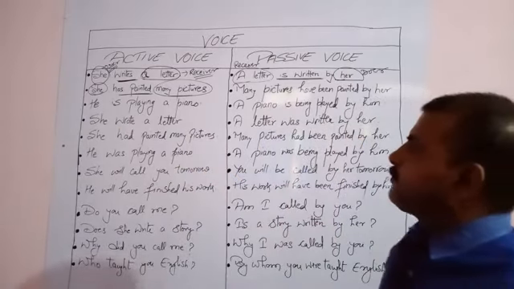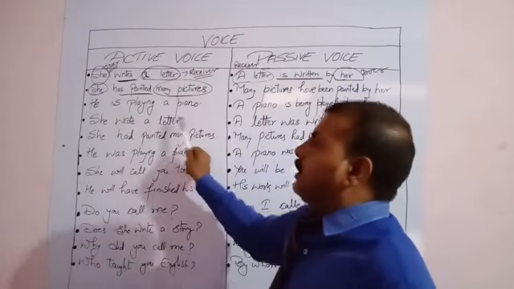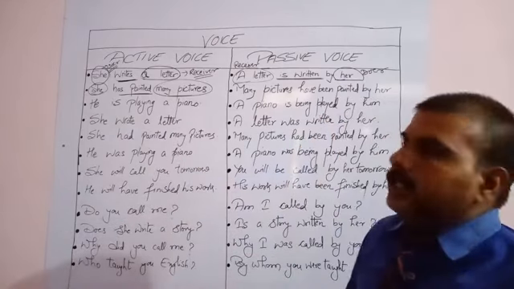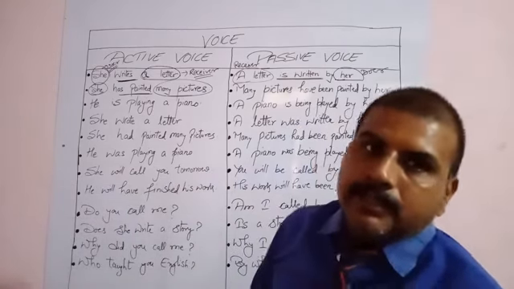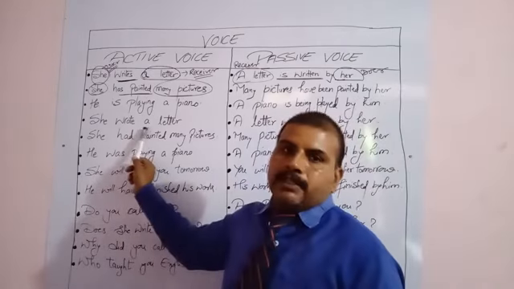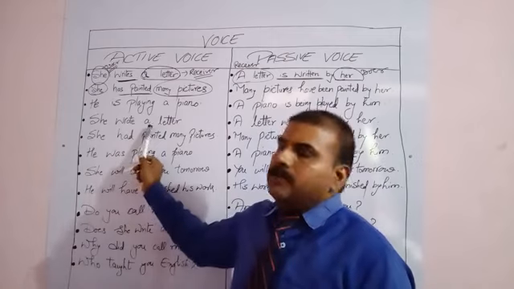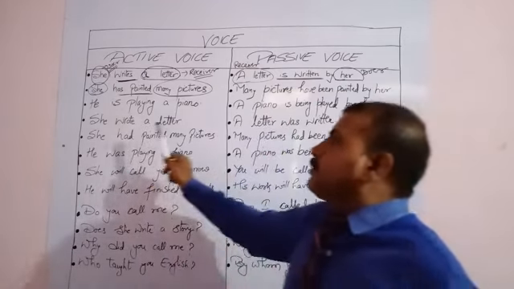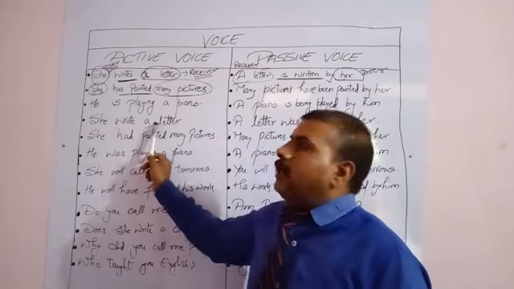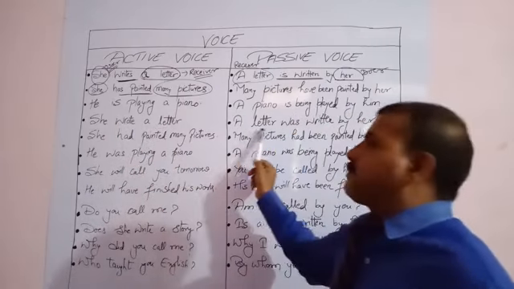Objective case. She wrote a letter. Here "wrote" is the second form of the verb write, so it denotes past indefinite tense, an assertive sentence. So we will make the passive voice also in past indefinite tense. What had she written? A letter, so a letter here becomes the subject.